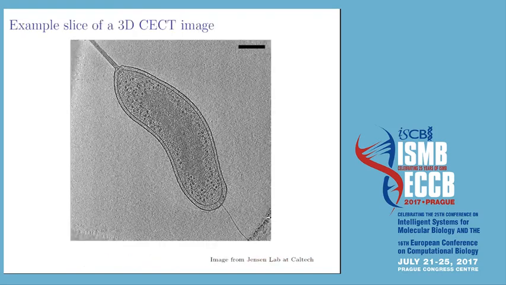This is a slice of such a 3D tomogram that contains a small bacterial cell. In principle, such a tomogram captures the structure and the spatial organization of all large macromolecular complexes inside this field of view. However, the analysis of these complexes is extremely difficult for several reasons.